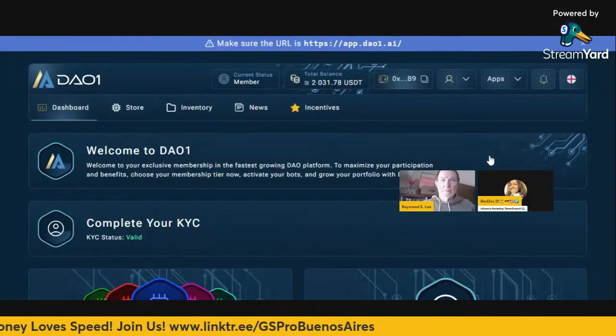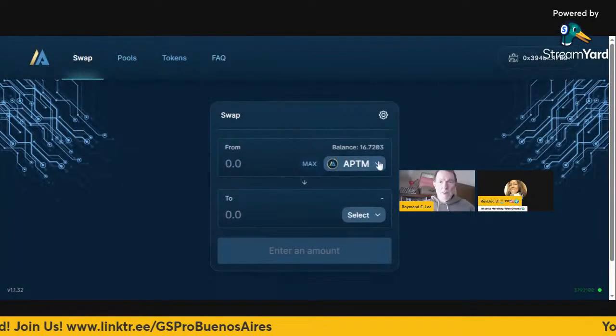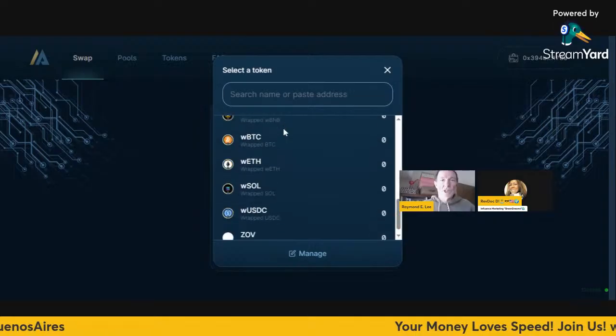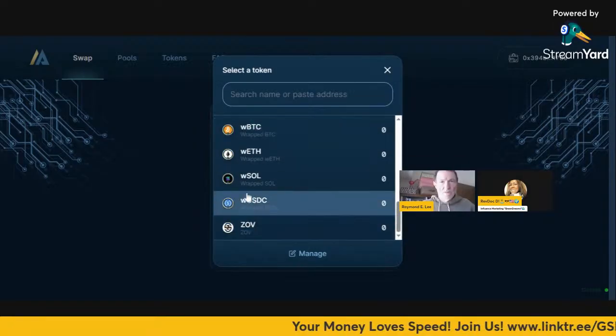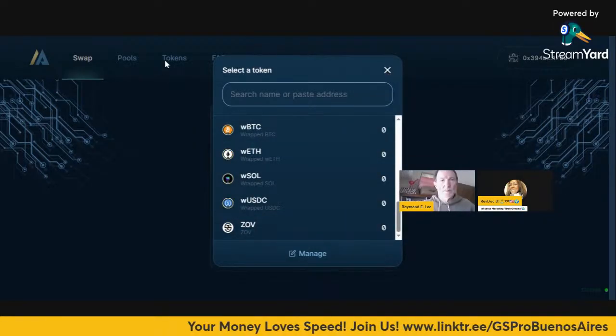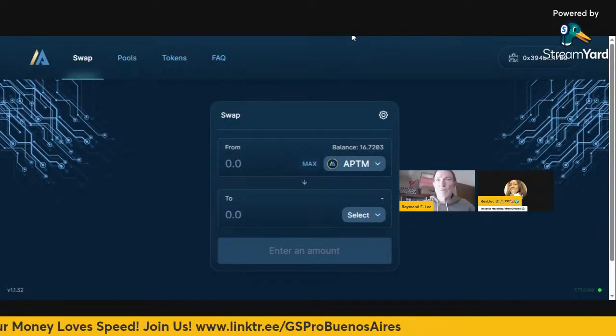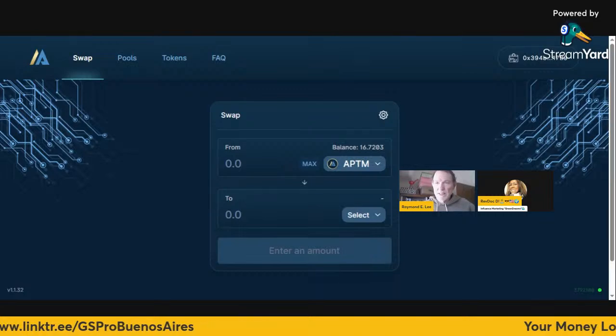This dex here that I'm showing you now has a relationship with these different coins. But if we go back, you can see that there's a second dex here, version 2.